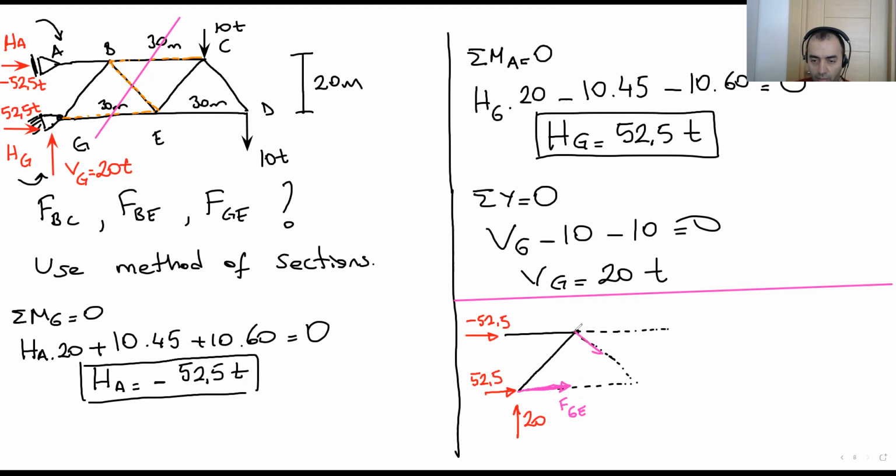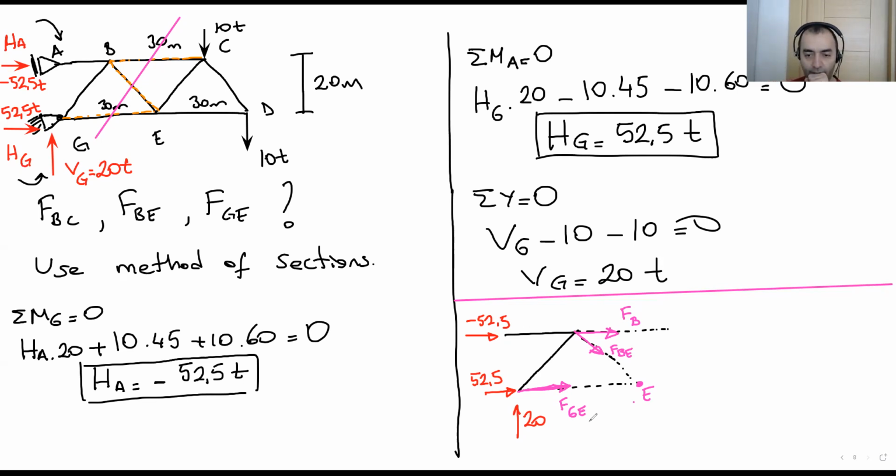Here I have one more and one more here: FBC and FBE. This point is E. We cut the system, we split it into two pieces, and then we can write the equilibrium equations.